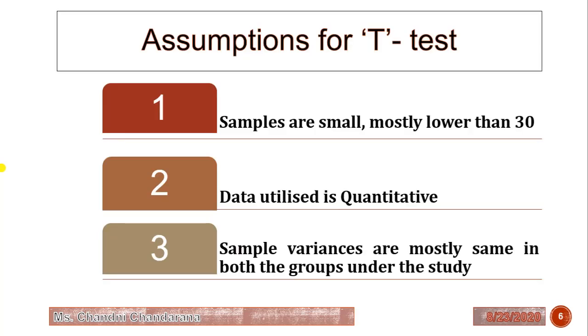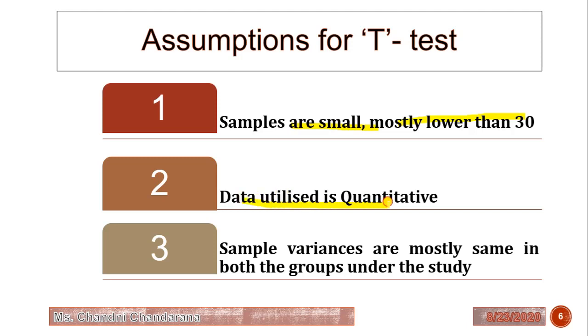Now we will see some assumptions made for the t-test. As we know, this is a parametric test, so obviously the variable follows the normal distribution. And what are the assumptions? First, samples are small, mostly lower than 30, as I said, because it comes under parametric test.